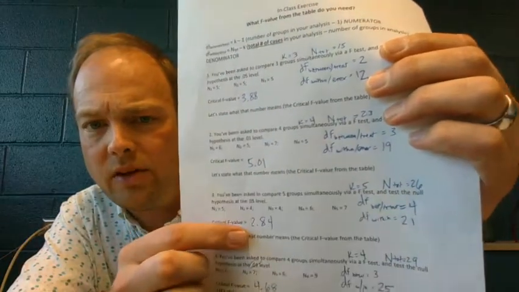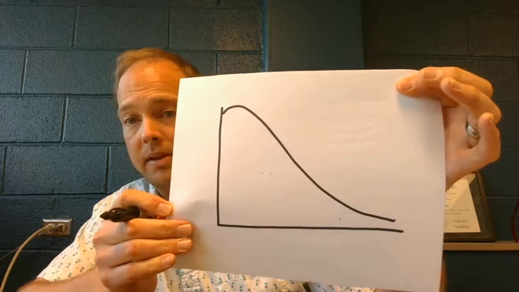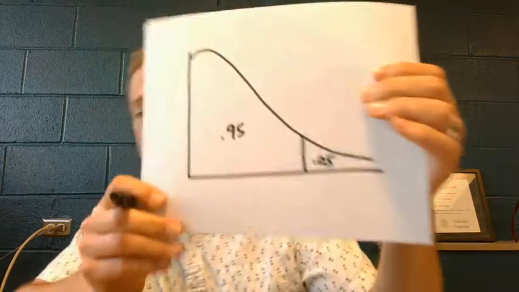I'll go ahead and label these number 1, number 2. Let's do the third one. We've already determined we're testing the hypothesis at the 0.05 level. We've determined that the critical or tabled value we need is 2.84. So I'm going to go ahead and draw the F probability distribution. I'll do this step by step. That's the probability distribution. We were asked to test this at the 0.05 level.